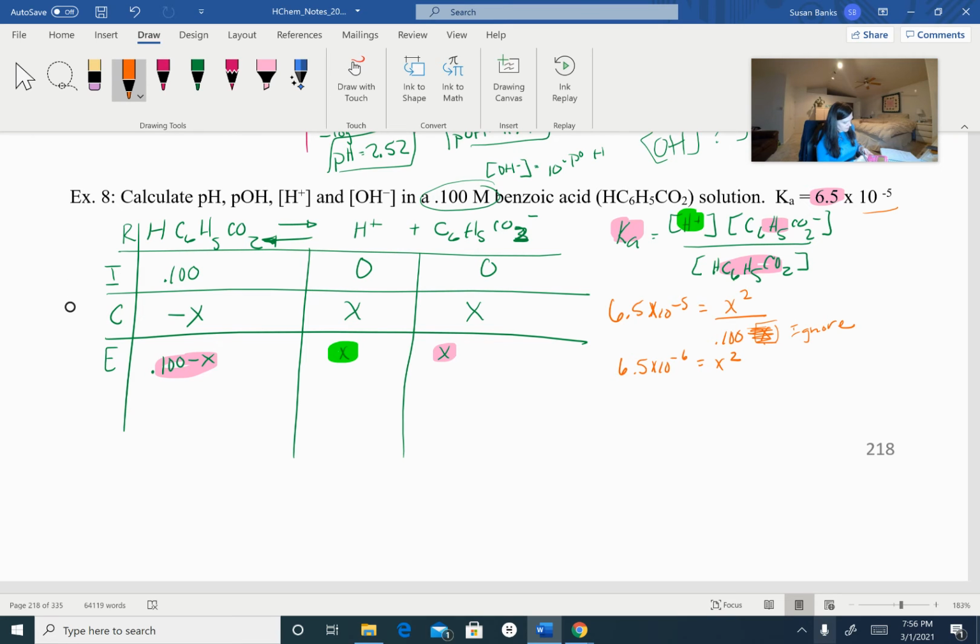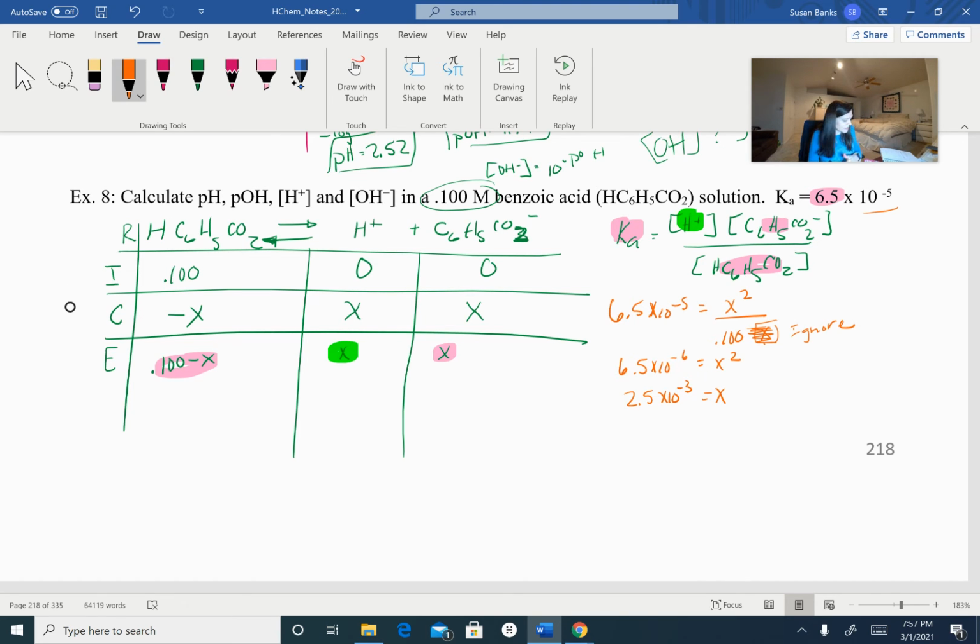Square root of 6.5 times 10 to the negative 6. That gives me 2.5 times 10 to the negative 3. So X is 2.5 times 10 to the negative 3. Now I can only report 2 digits.